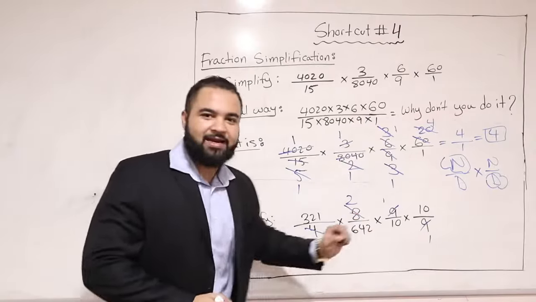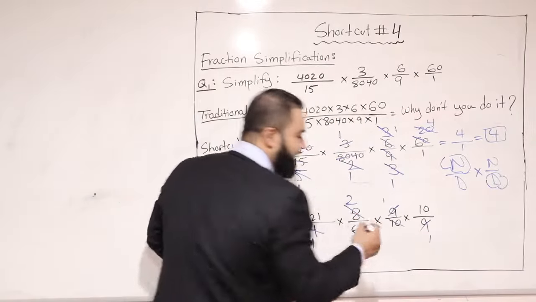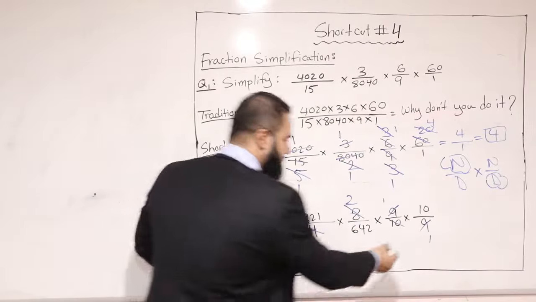Yes, 10 and 10. Simplify this 10 by 10 and that by 10 as well, so we get the same thing. 321 and 642, they look like 1:2 ratio. So I can divide 321 by 321, I'm going to get 1. If I divide 642 by 321, we get 2.